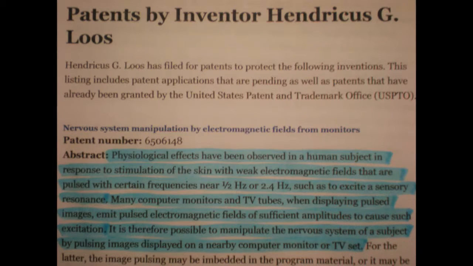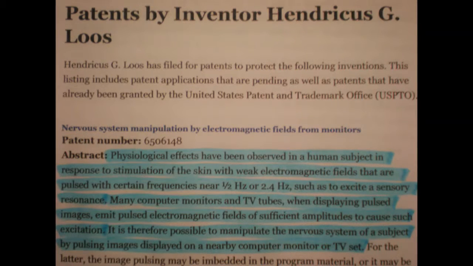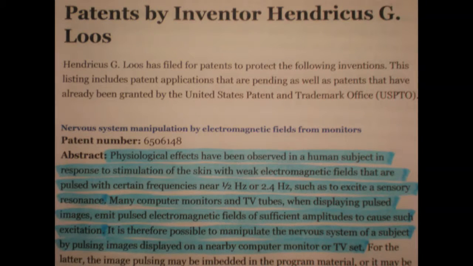Physiological effects have been observed in a human subject in response to stimulation of the skin with weak electromagnetic fields that are pulsed with certain frequencies, near a half hertz or 2.4 hertz, such as to excite a sensory resonance.